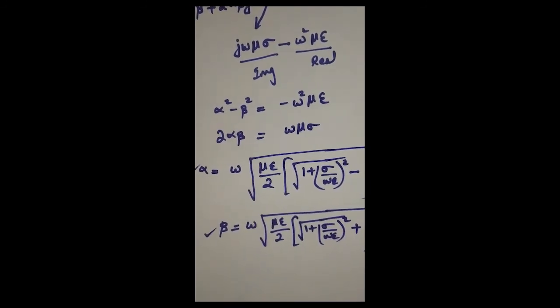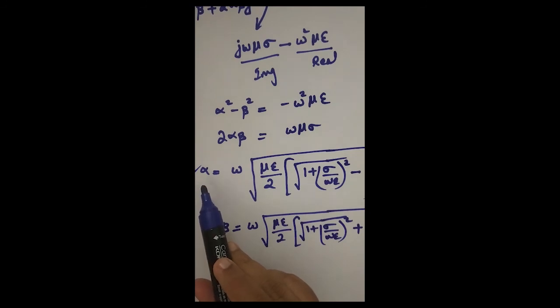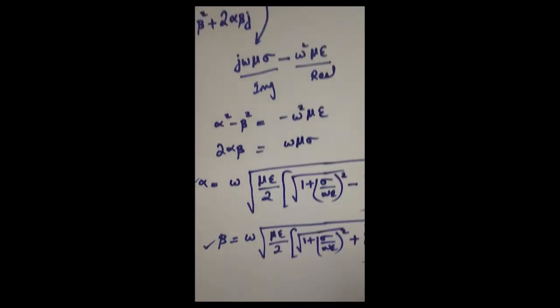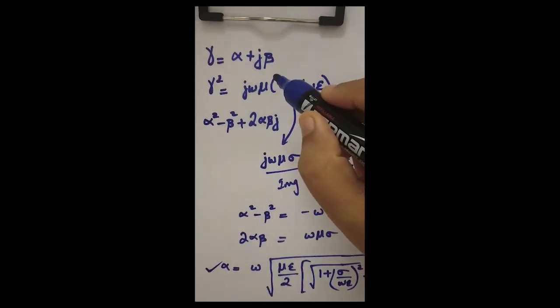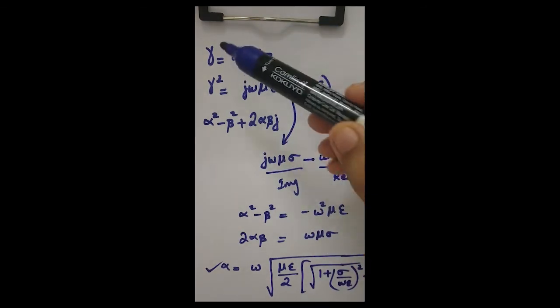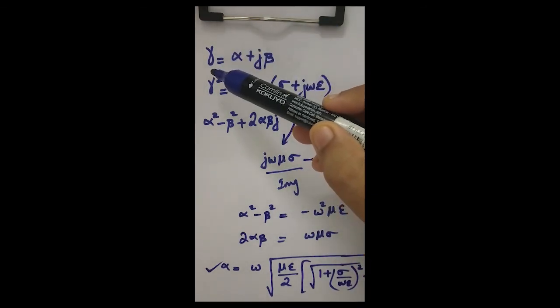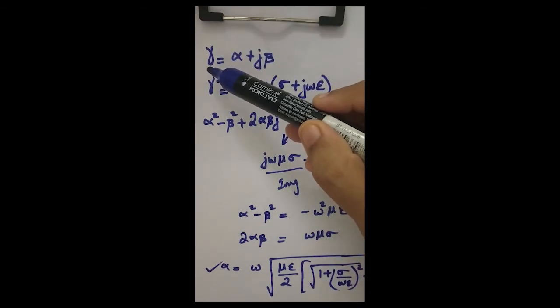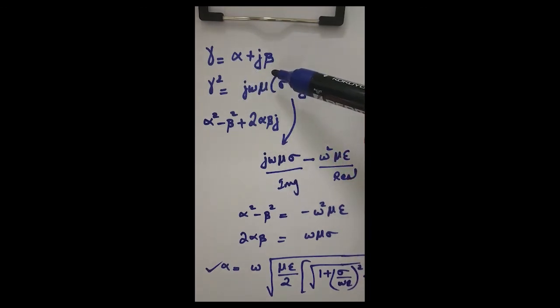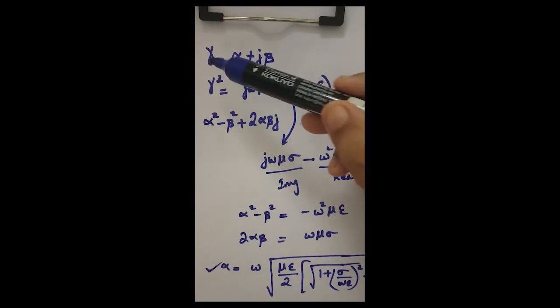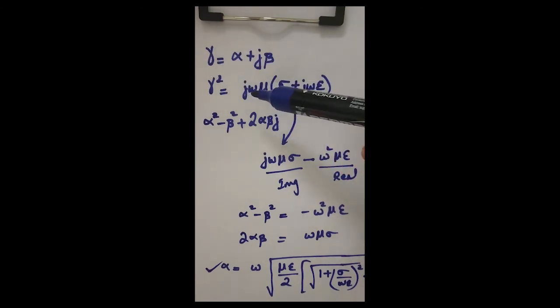Alpha is the attenuation constant, beta is the phase constant. Alpha plus j beta is equal to gamma, which is the propagation constant. So again the terms: gamma is the propagation constant, alpha is the attenuation constant, and beta is the phase constant. The value of gamma is square root of j omega mu into sigma plus j omega epsilon.